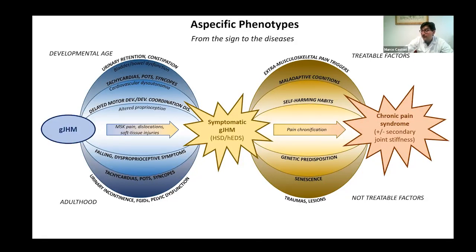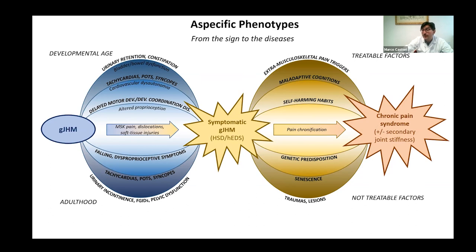At this point, the distinction between these two disorders is based on the presence or absence of the 2017 criteria for hypermobile EDS.